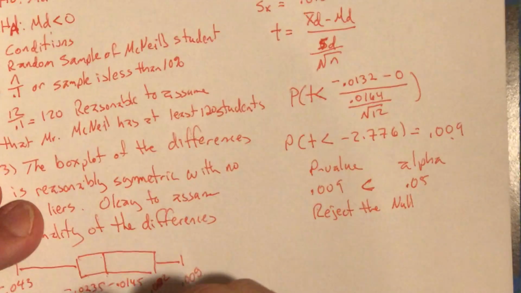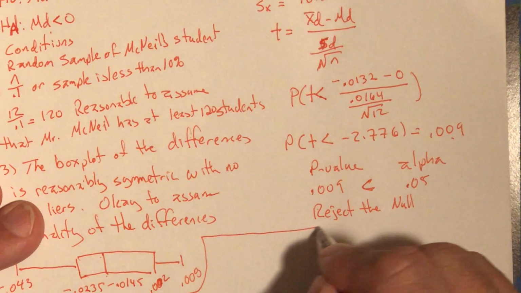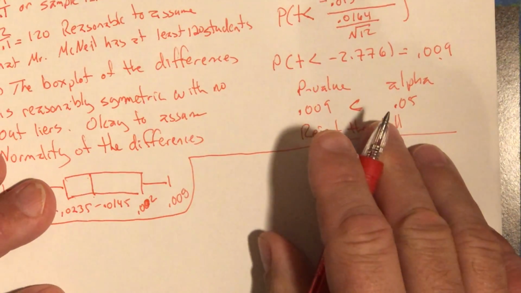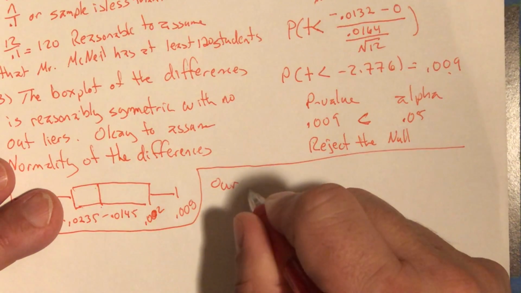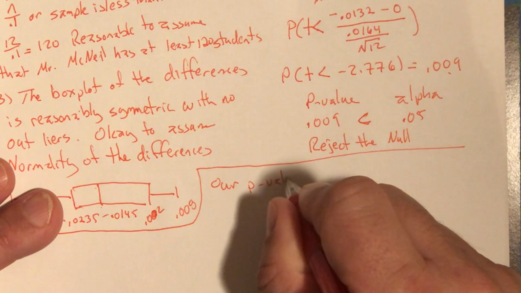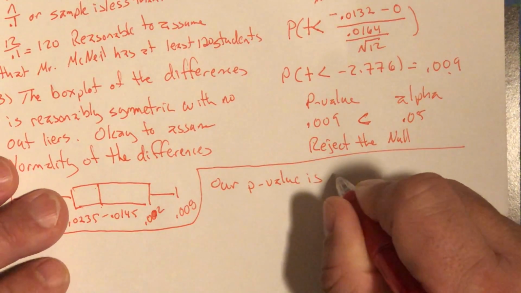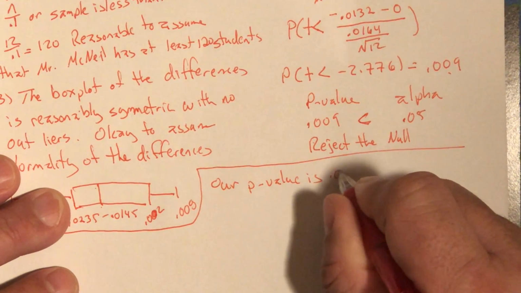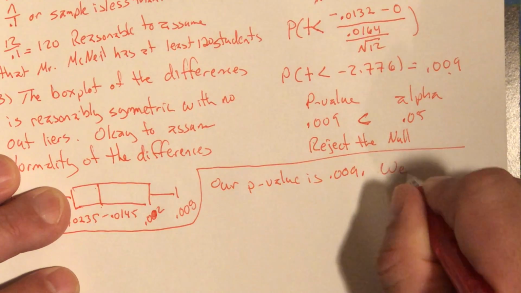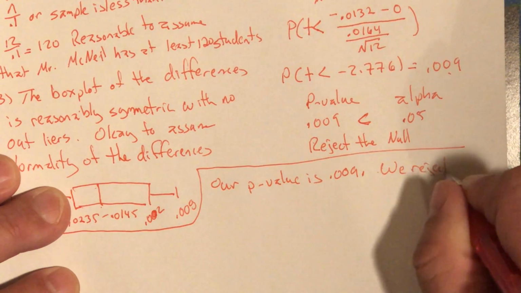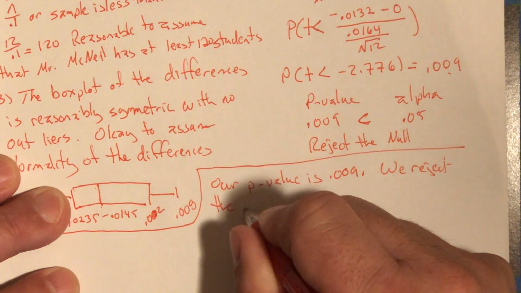I'm going to try to fit the conclusion in here. Our p-value is 0.009. Our decision: we reject the null.